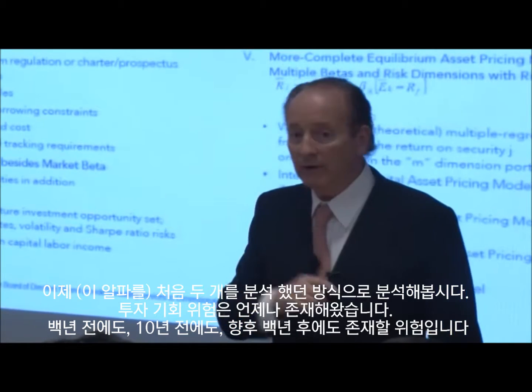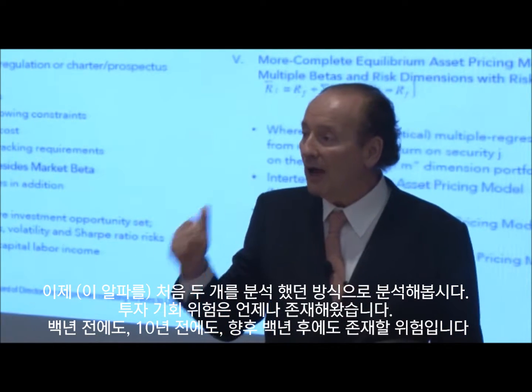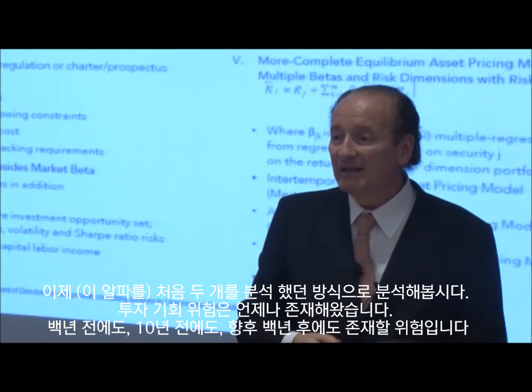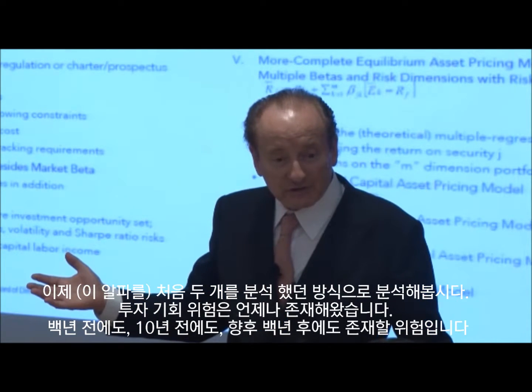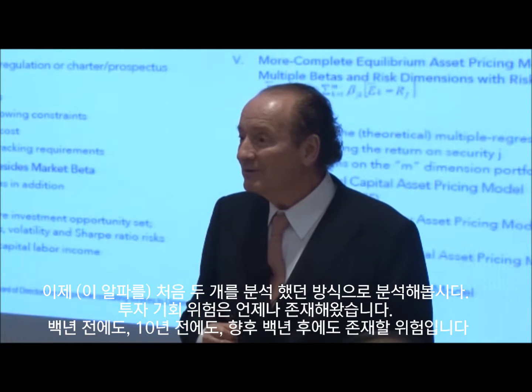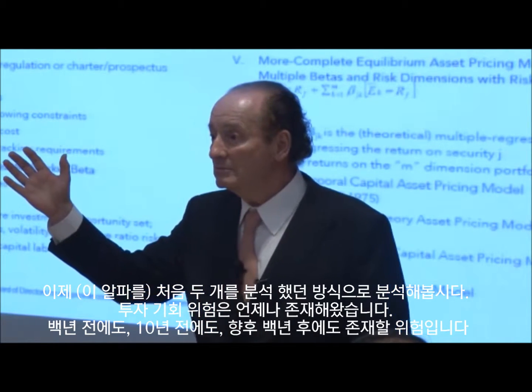Now, let's analyze that one the way I did the first two with you. What about the opportunity? Investment opportunity risk has been with us forever. It was around 100 years ago, 10 years ago. It'll be around 100 years from now.